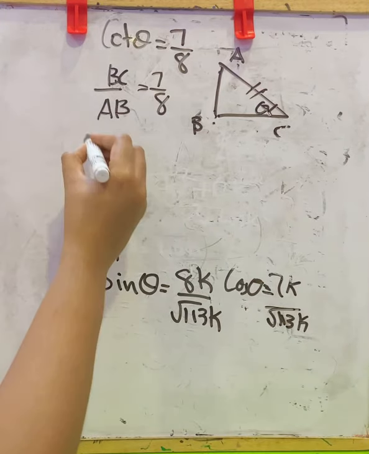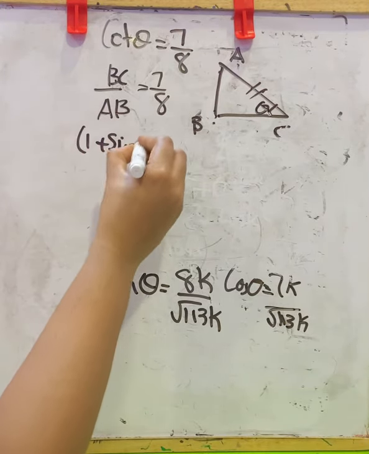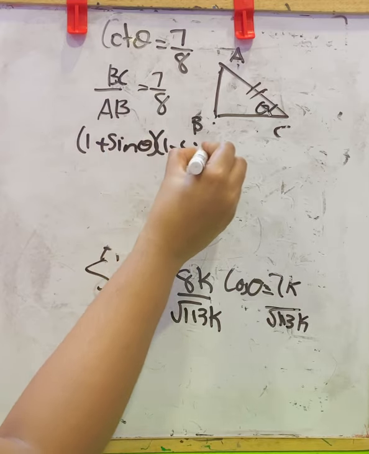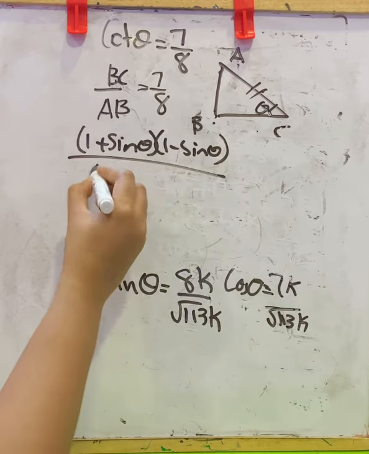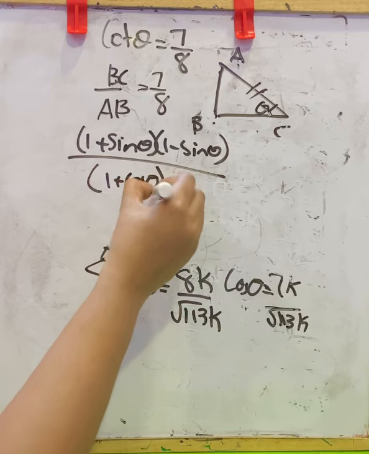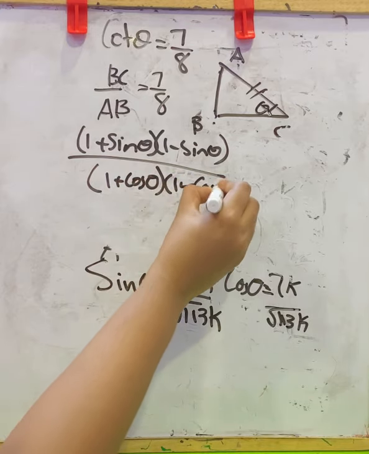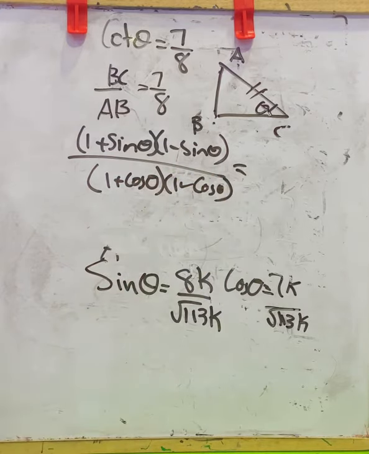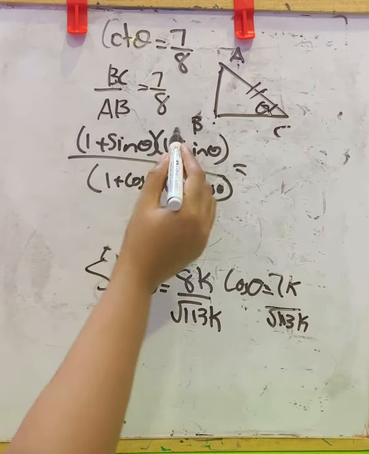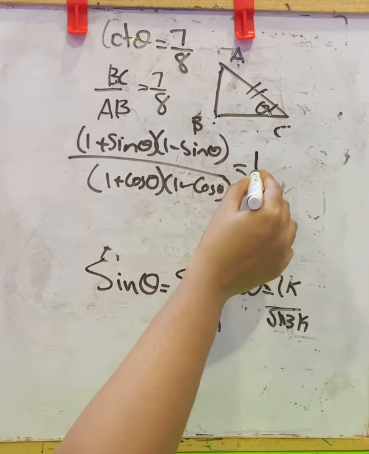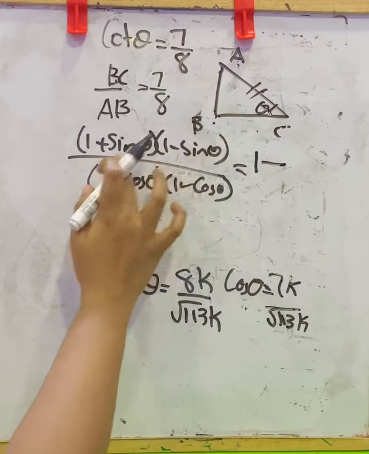The question is (1 plus sin theta)(1 minus sin theta) by (1 plus cos theta)(1 minus cos theta). Here you can see the identity (A plus B) into (A minus B). Here also (A plus B) into (A minus B). That is A square minus B square. A is here 1. So A square becomes 1 again, minus B square.